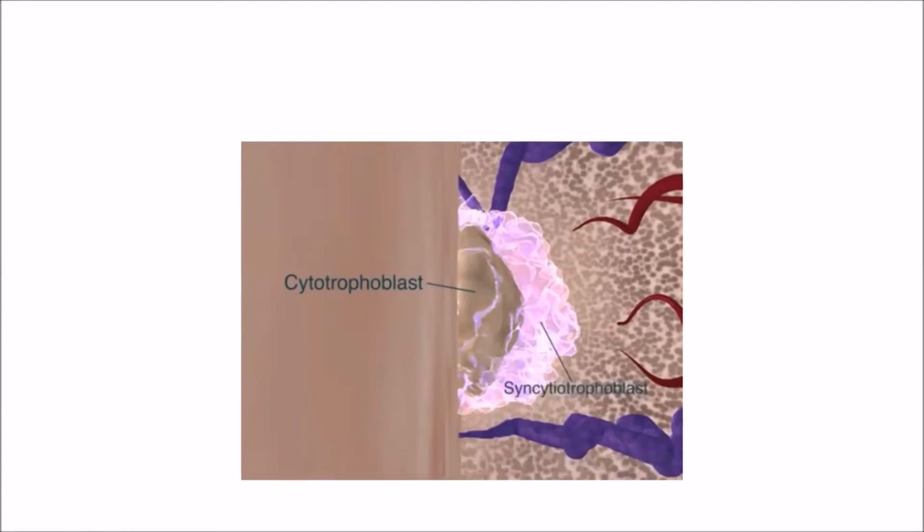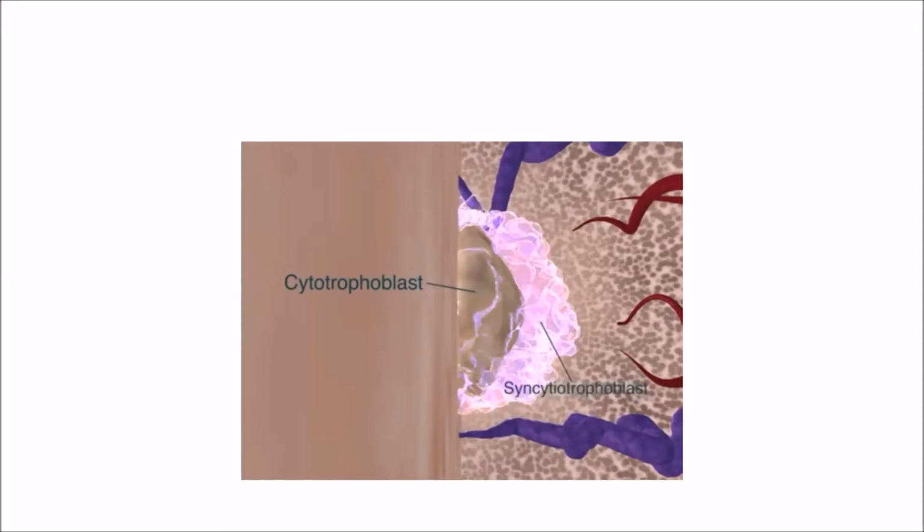So I'll play this animation once again. You can think of implantation almost as if you're planting a seed inside the soil. The seed in this case would be the zygote, or the fertilized egg cell, and the soil would be the lining of the uterus. So implantation is when this zygote implants itself into the lining of the uterus.